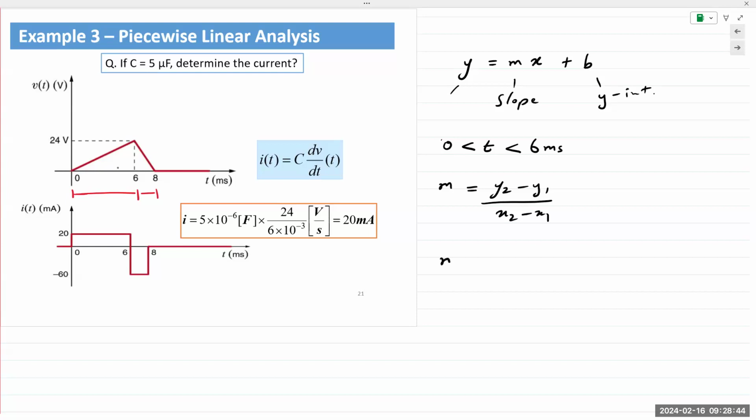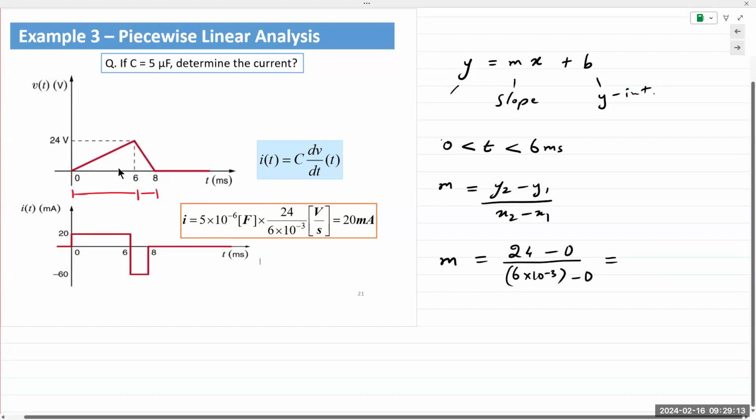So the slope of the line in the first portion, y2 would be 24 volts minus 0, and x2 is 6 milliseconds minus 0. Which is what we have here: 24 divided by 6 milliseconds. And that's it. That's the slope of the line.